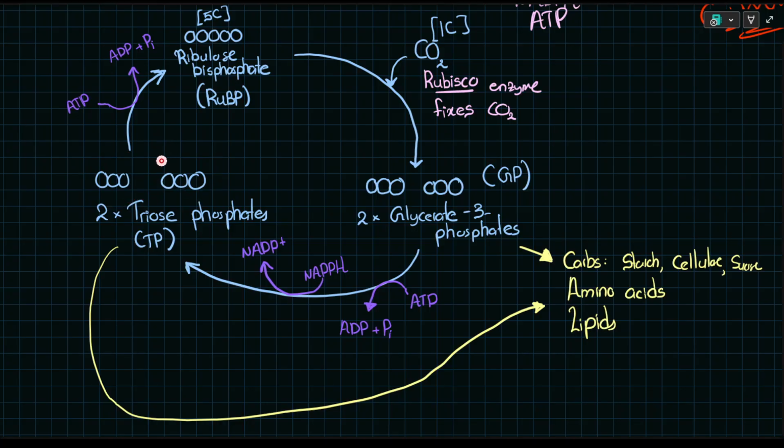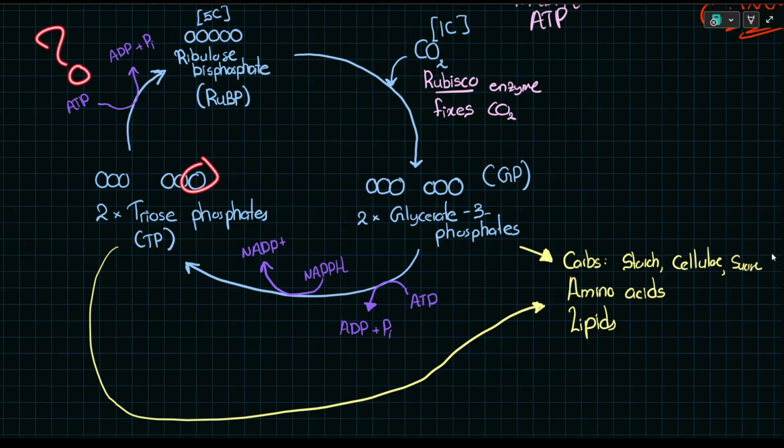I mean, it's broken down into 2 because it's unstable, but here we have 6 total carbons. Converting back to ribulose bisphosphate, we have only 5 carbons now. So that would either mean that we have lost carbon dioxide or something else has happened. Now, in the Calvin cycle, we don't lose carbon dioxide. We obtain carbon dioxide into the cycle. So there's no losing step. So what on earth happened to this extra carbon?